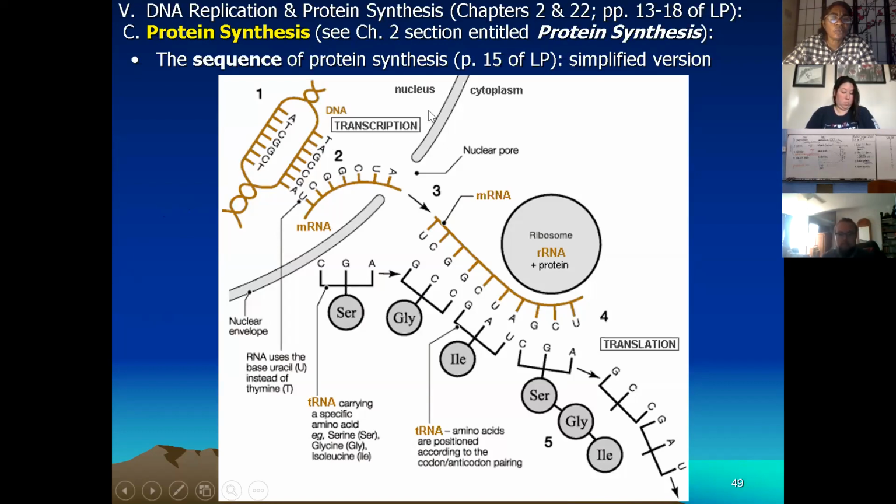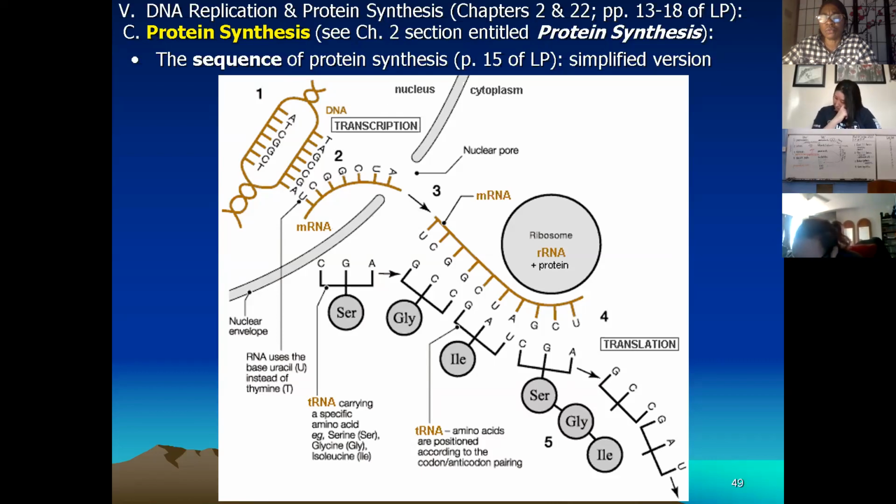The first step is transcription. The second step is translation. That's happening out in the cytoplasm. Transcription in the nucleus, translation in the cytoplasm. Everybody got that? Okay. Any questions so far?